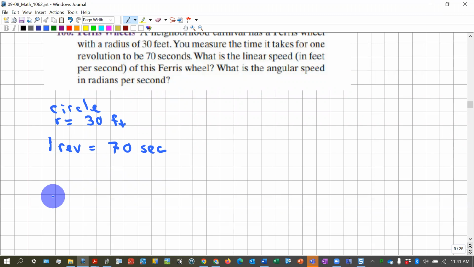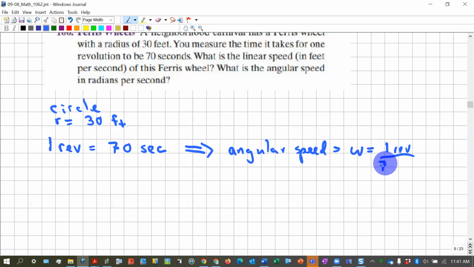So what that is telling us is that the angular speed omega is one revolution in every 70 seconds.